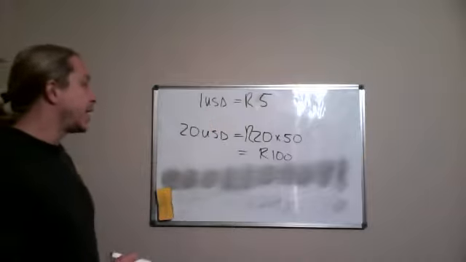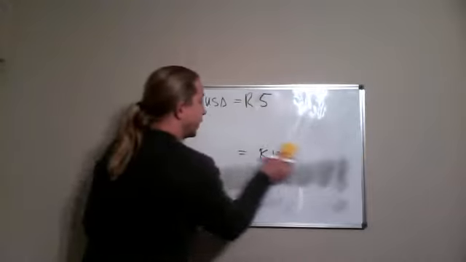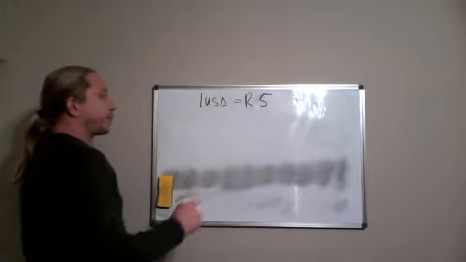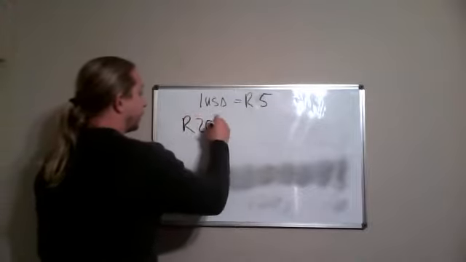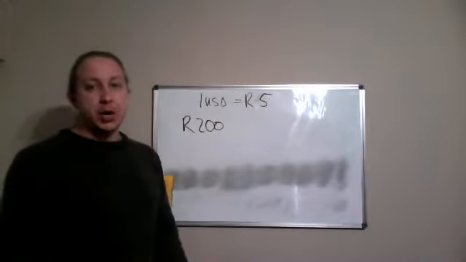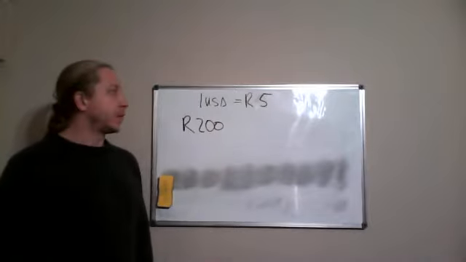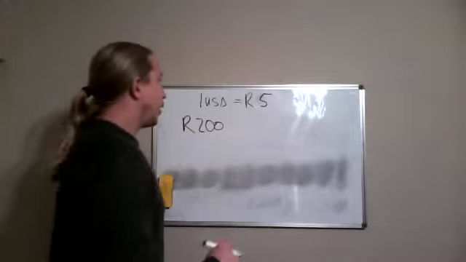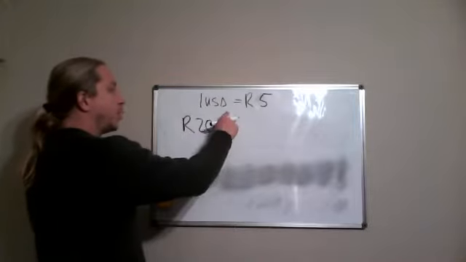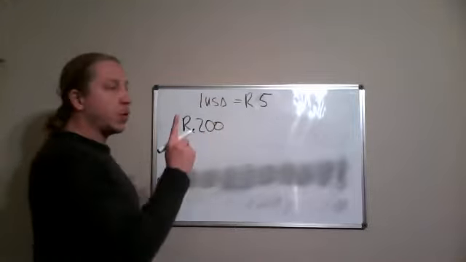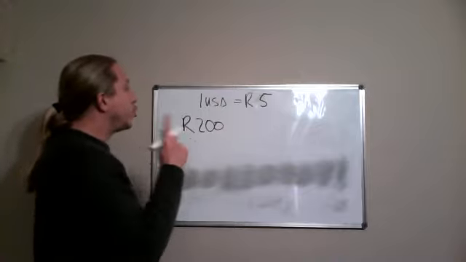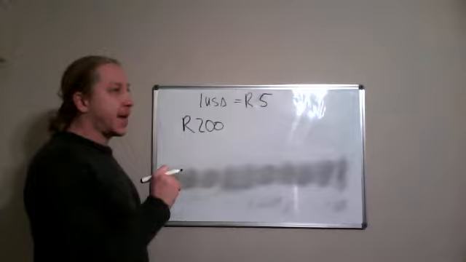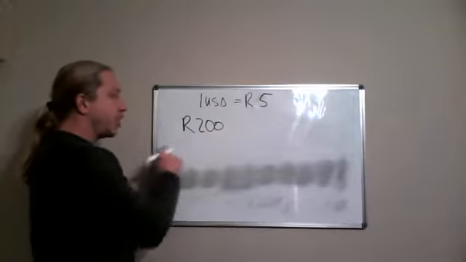But let's say instead I have 200 Rand. How many dollars can I buy with that? Well, we have to find how many US dollars 1 Rand can get us, because we have 200 Rand.